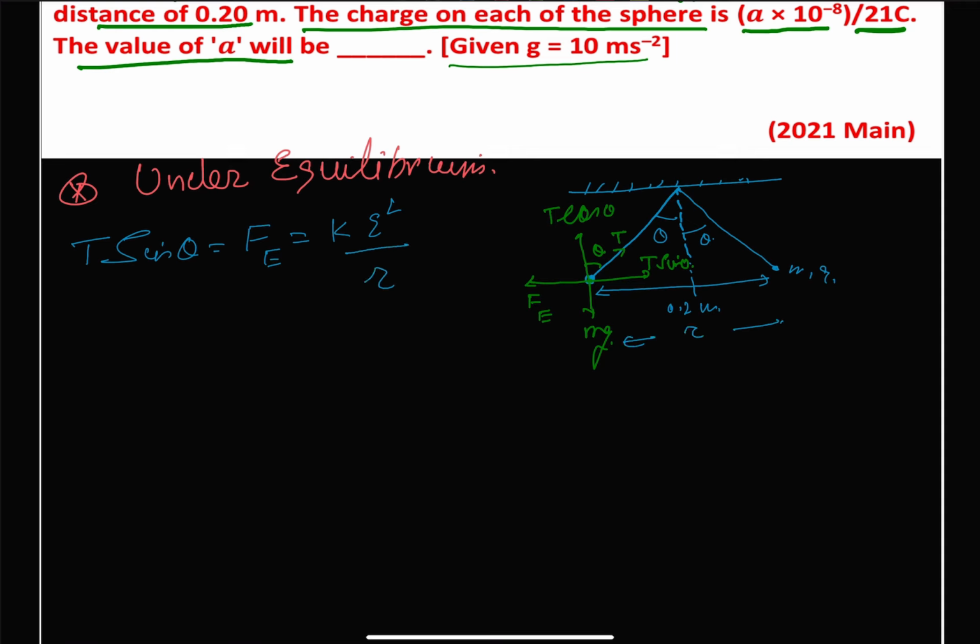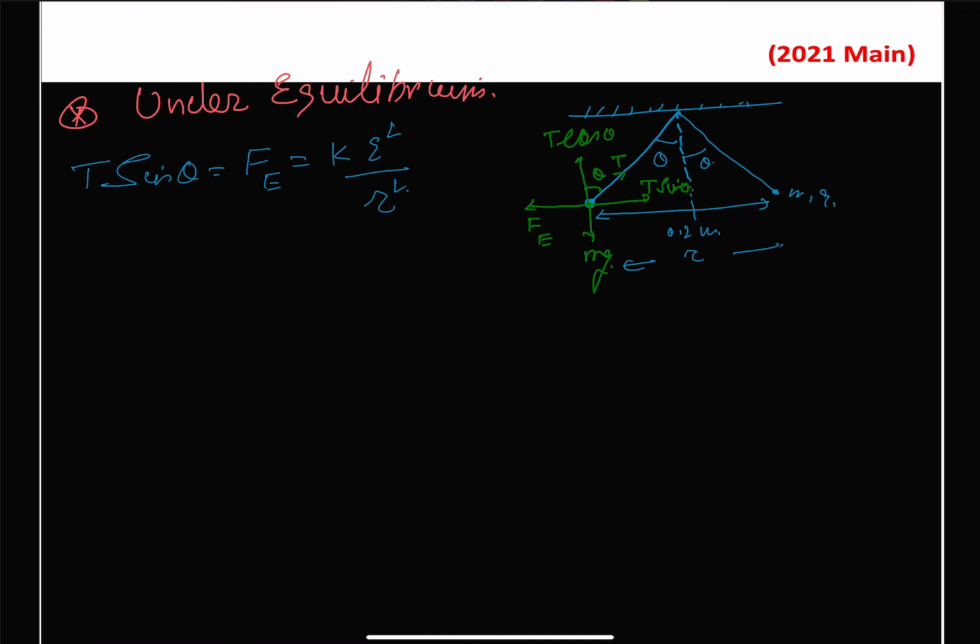And in the vertical we can write T cos of theta is equal to mg.